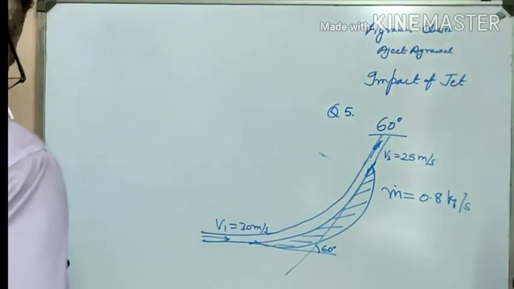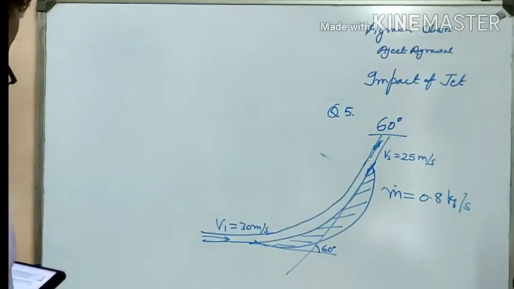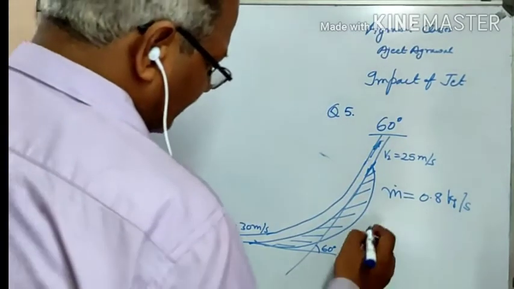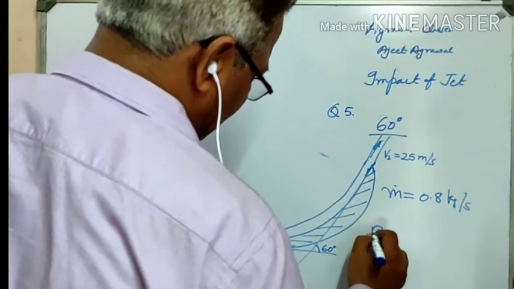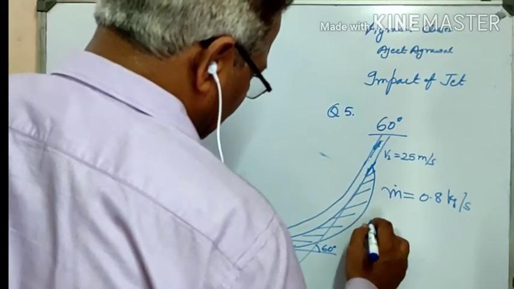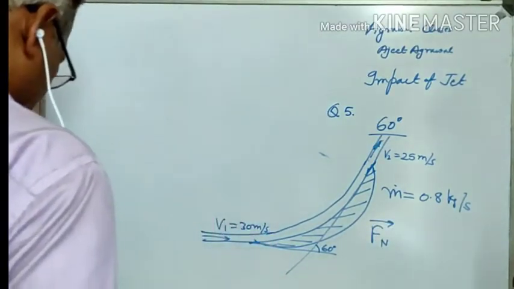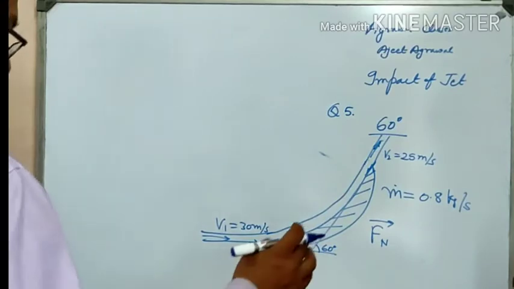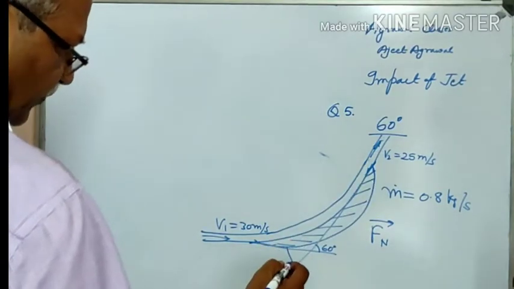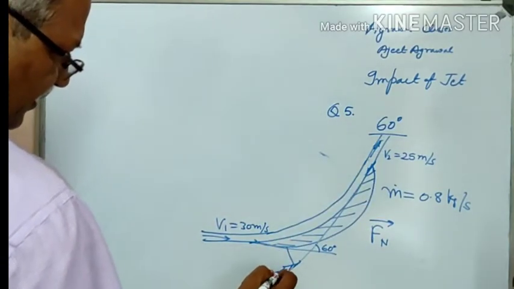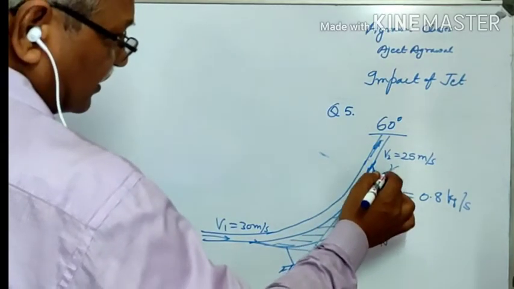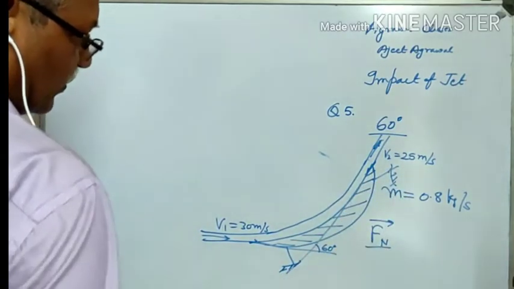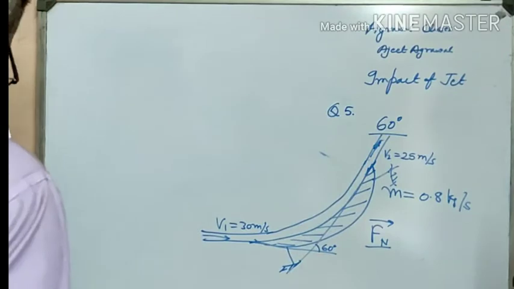We have to calculate the magnitude and direction of the resultant force on this particular vane, which is fixed. So on this vane, what is the resultant force and what is its direction?